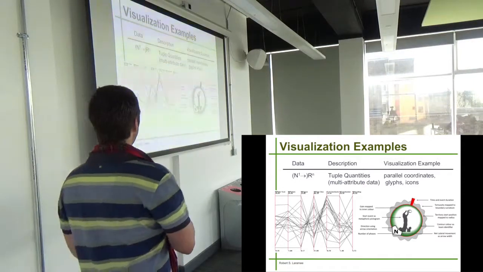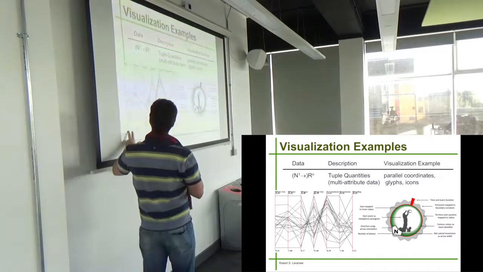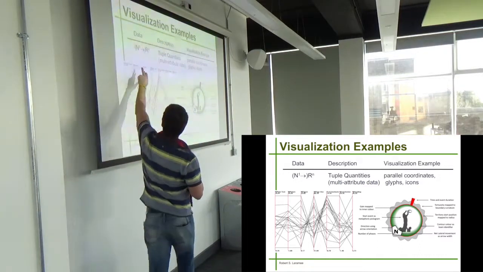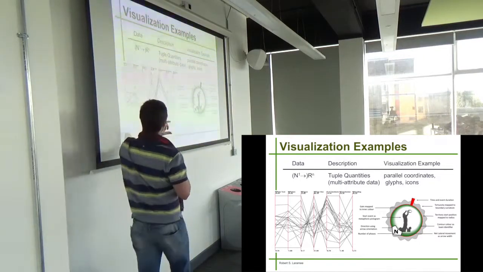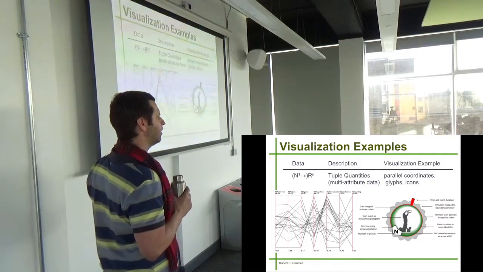This is an information visualization example. So this is an arbitrary number of dimensions on the left side being mapped to an arbitrary number of dimensions in visual space in the visual design.